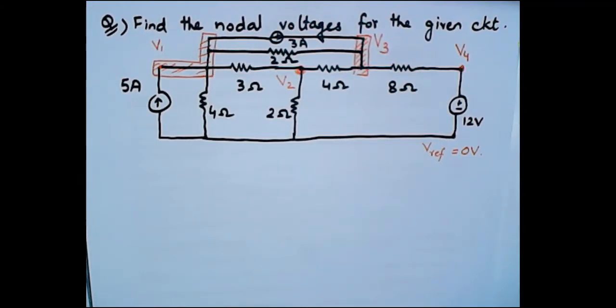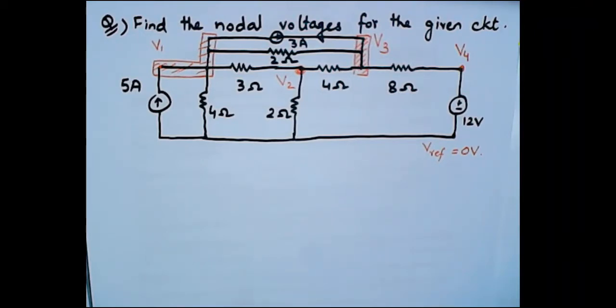In case the voltage source is connected between two non-reference nodes, then it becomes the case of a super node, and that we will be covering in the following lecture, in the second part of this week, right? And if the voltage source is connected between a reference node and a non-reference node, then the last point of the nodal analysis specifies that the node voltage becomes equal to the source voltage.